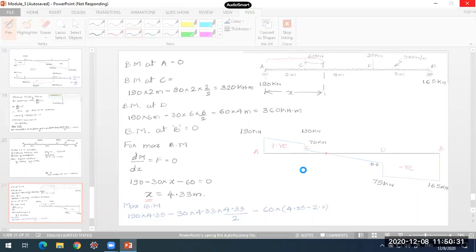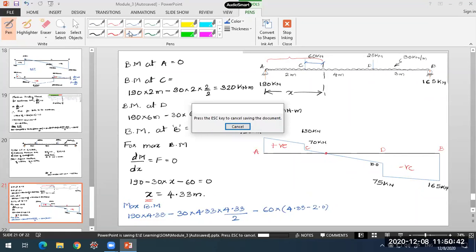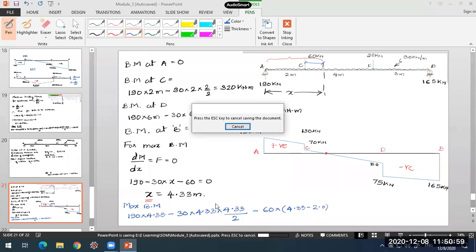Please note this down and calculate that. So what is the value of the maximum bending moment? This is how we find the maximum bending moment in any beam.